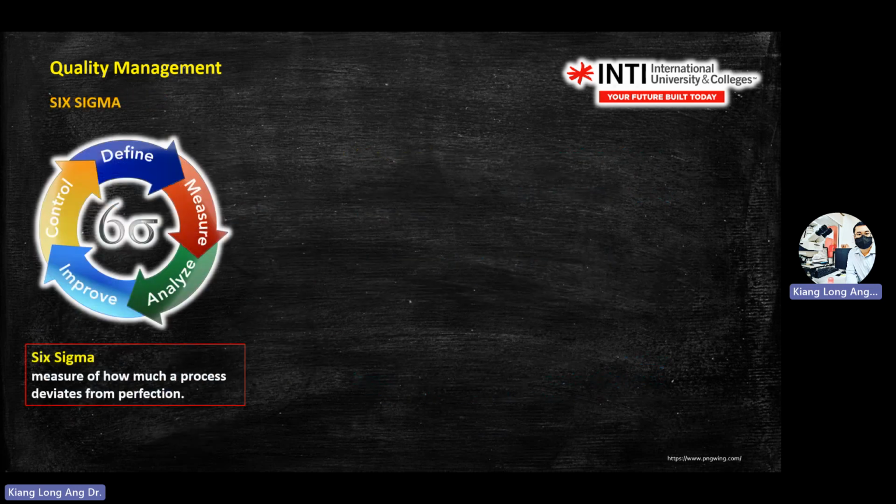Now we go into Six Sigma. Six Sigma is a very popular certification program. If you have Six Sigma, most of the time you will become a quality manager, or the one who designs the process or monitors the process of the whole factory floor.